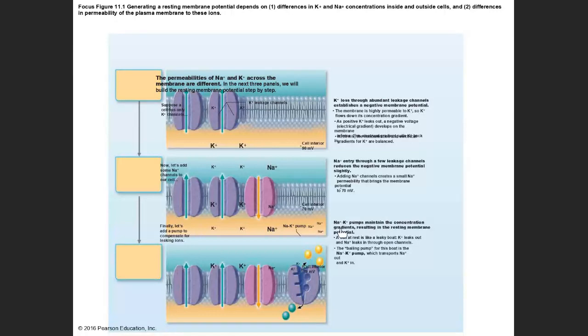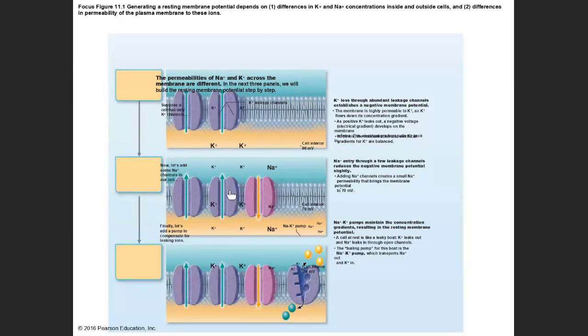And this one is just a summary, again, of these different channels and what's happening. Now, this up top is showing you potassium leak channels. All right, so we're going to have potassium leaving through our leak channels. This is at rest. Remember, we're still talking about the resting membrane potential.